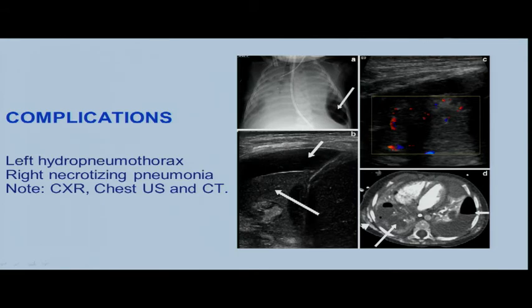And this neonate actually had hydropneumothorax on the left, had right necrotizing pneumonia. So first had a chest X-ray in which this was discovered, and then they did ultrasound. The hydropneumothorax was also confirmed in the right hemithorax, and the kid actually went on to have chest CT, which showed the necrotizing pneumonia and left hydropneumothorax.